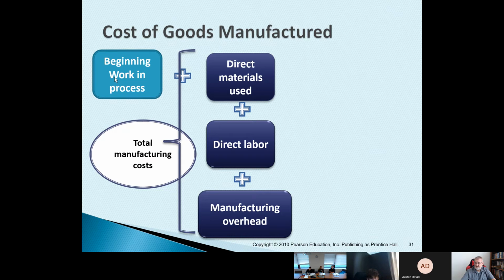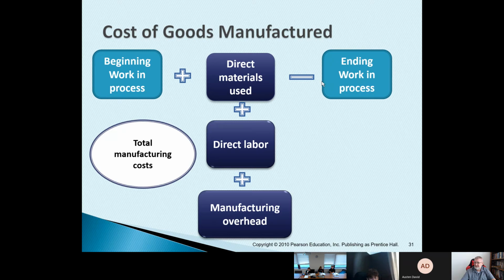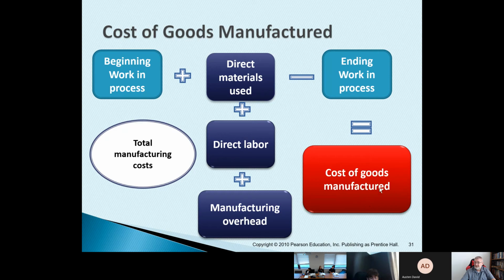Manufacturing cost minus our ending work in progress equals our total cost of goods manufactured. Does that help any more than the last slide?